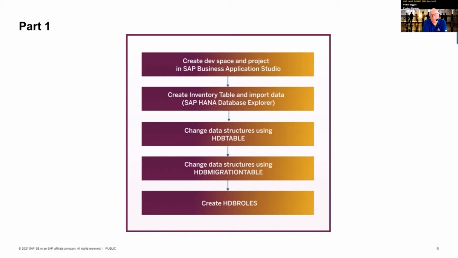I will show you how we will create the table and how we change the table and add 2 columns to this table. And then we do a second round doing the same thing. We will change this structure, this time with HDB Migration Table. And finally, we create some roles, since Jan will need some data access, and we will define the data access in these roles.